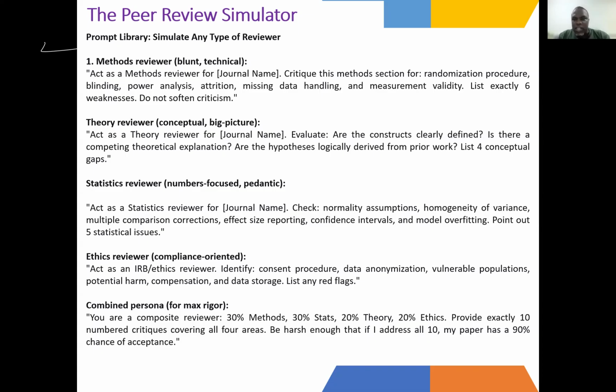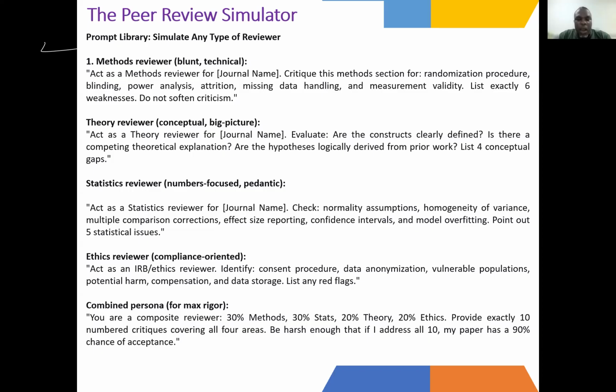Critique this method section for randomized procedure, blinding, power analysis, and so on and so forth. You can act as a theory reviewer, a statistics reviewer, and so on. We already explained this above. These are the different personas that DeepSeek or any large language model tool can do.